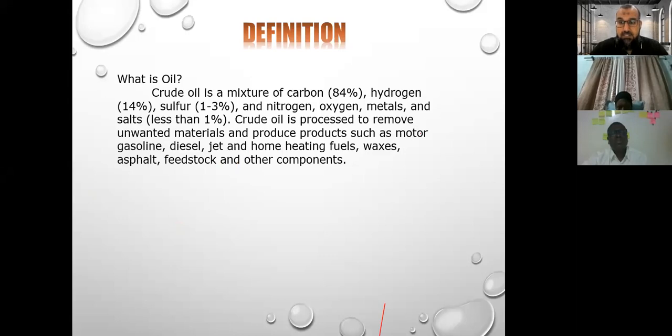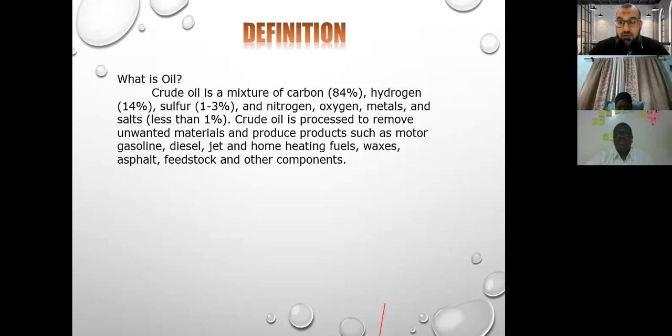Crude oil is the one that people extract from the wells, and this is purely crude, and it requires a lot of processing and industry to refine. Refining means that you take water and gases out of this oil so that it becomes a refined product.